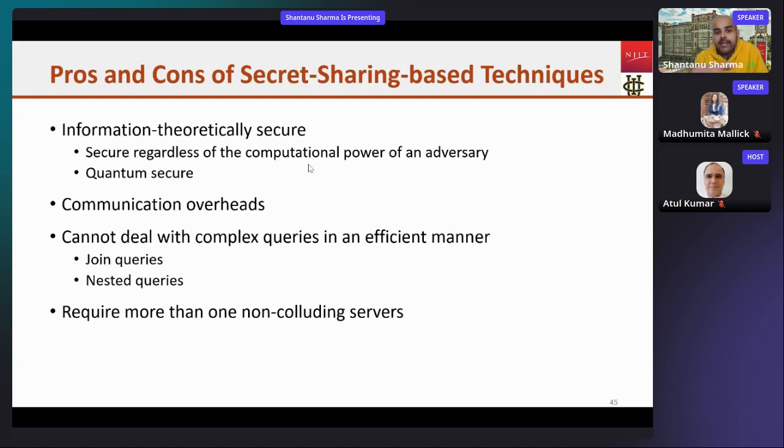So the techniques that I mentioned in the last slide are not supporting index. The cloud needs to perform the operation over the entire data set. So can we design any indexable secret sharing techniques? And the only drawback of this part is that we need more than one server. So we need to pay some more money to Amazon or Google for storing our data.